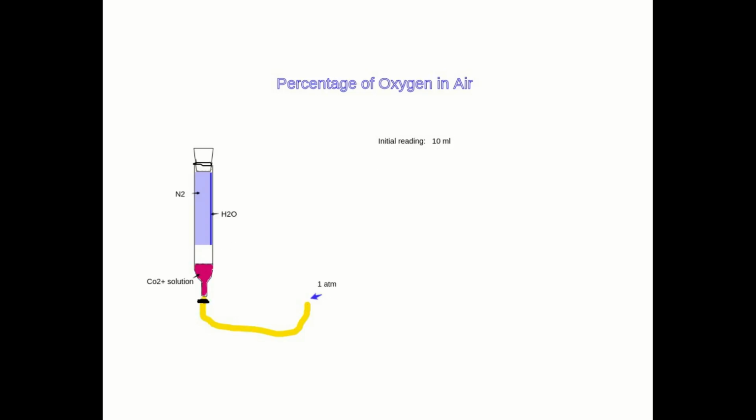Let's go back to the previous slide. Here, this is what we used up in this reaction. This part is oxygen, but also water vapor, because the oxygen is white.